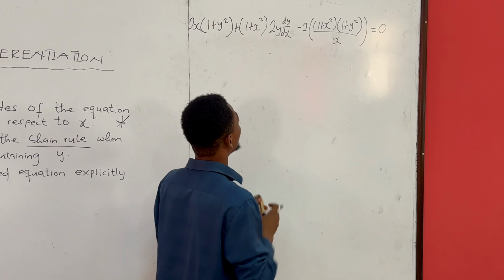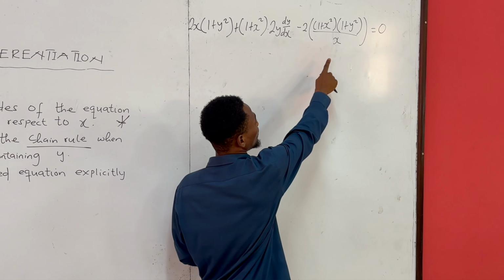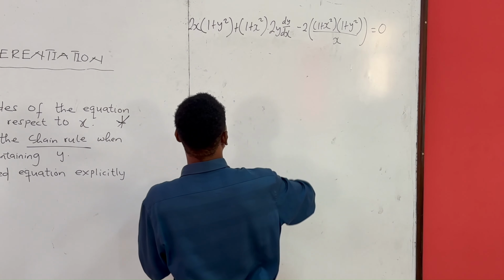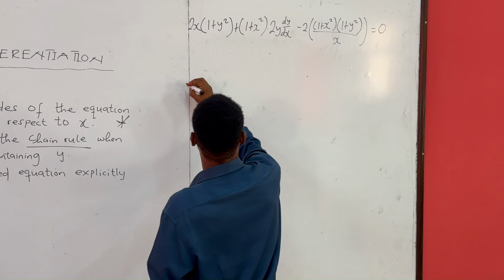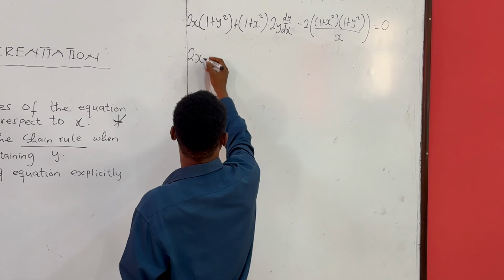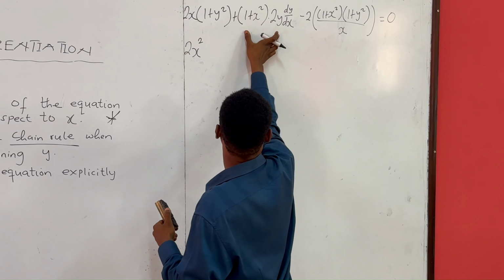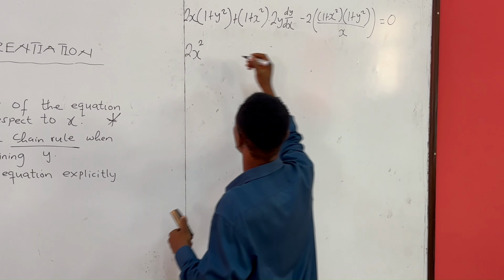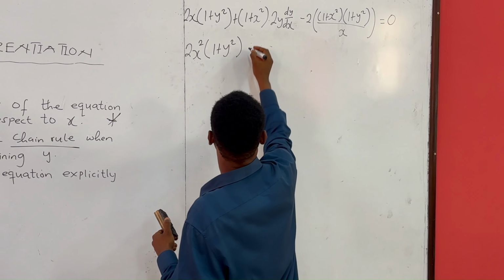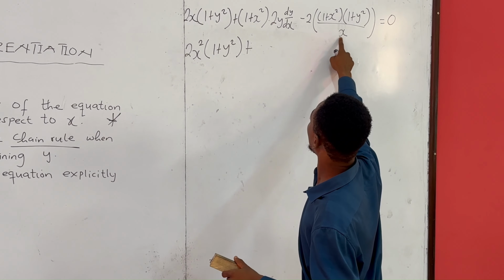Viewers, this should be what? Denominator x. So I'll multiply 2 by what? By x. That's the LCM, which is what? x. So if I multiply 2 by x, I'll have 2x squared. x multiplies this term, this term, and the term on the other side. So I have bracket 1 plus y squared, then plus, again, x multiplies this.